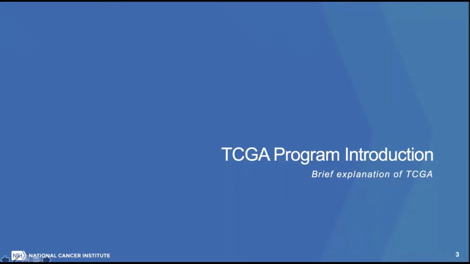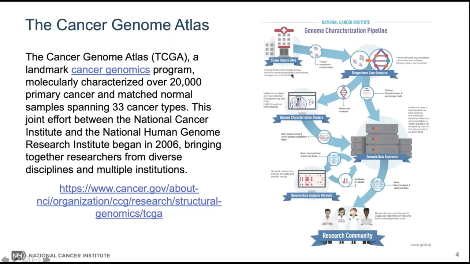Thanks, Bill. I'm going to give a very brief overview. I think most folks who are calling in probably have an understanding of what TCGA is and was. But this graphic created by the project team at NCI does a good job of explaining the players involved in TCGA.